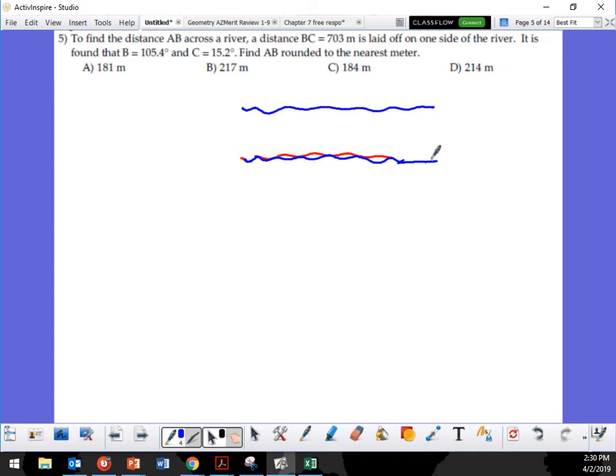So I have a blue river here. And distance across. So I'm going to go here to here. Across, this is going to be AB. And BC is, this is 703.